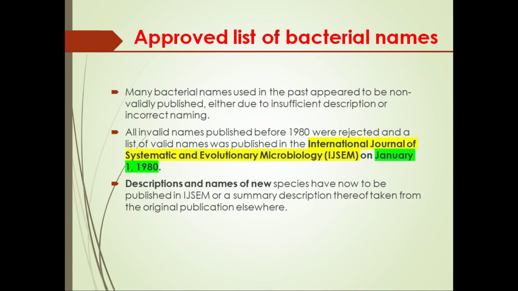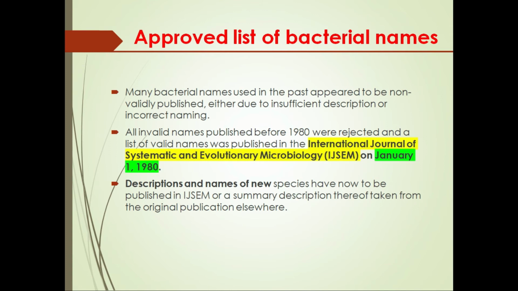Then there are many other things that we should know about bacterial names. There are many names which were used in the past, but they appear to be non-validly published because they did not have sufficient descriptions or the naming was not given following the codes.